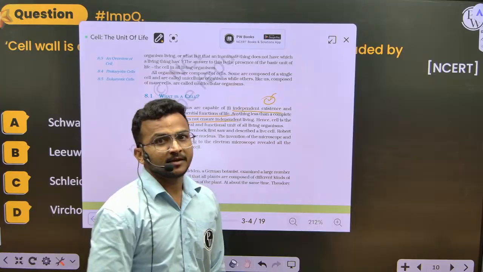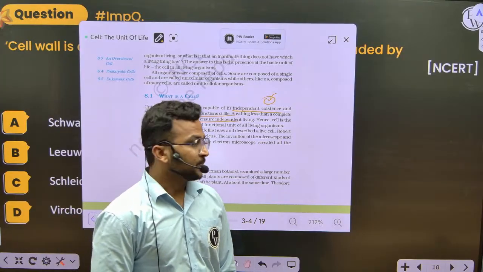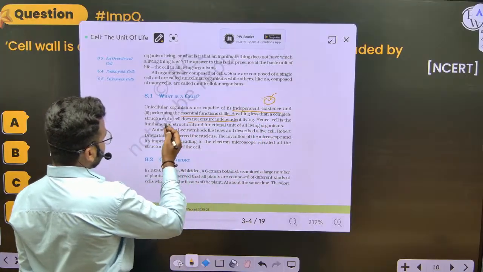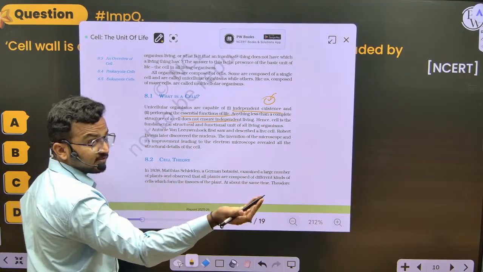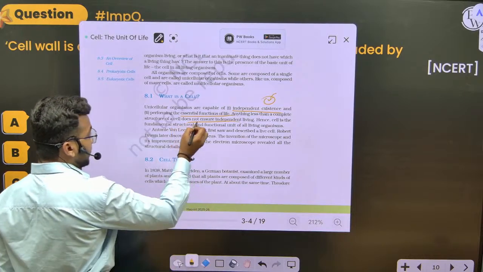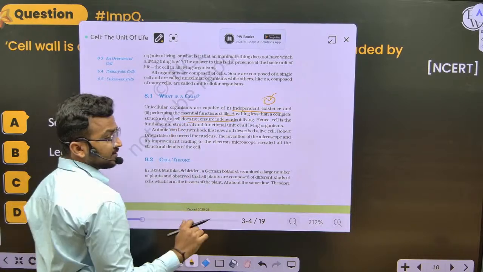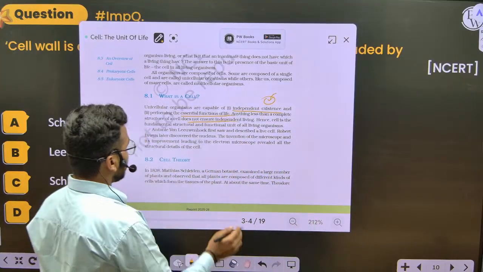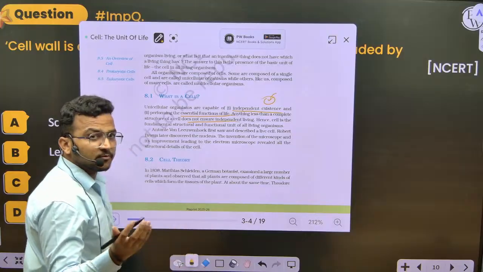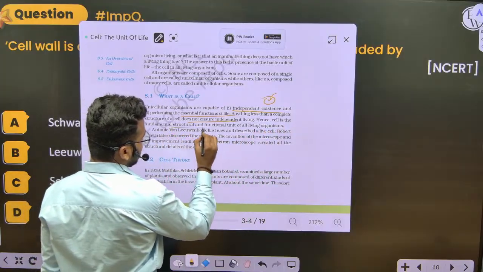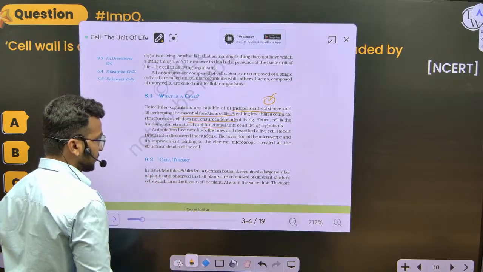If they give that anything less than a complete structure can be called an independent existence of a living, no, because anything less than a complete cell, we cannot call independent living. Example for that, you can take virus. Hence, cell is the fundamental and structural unit, which we have already discussed.